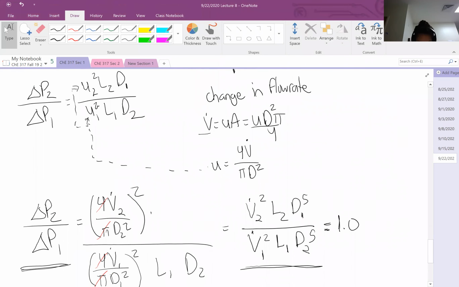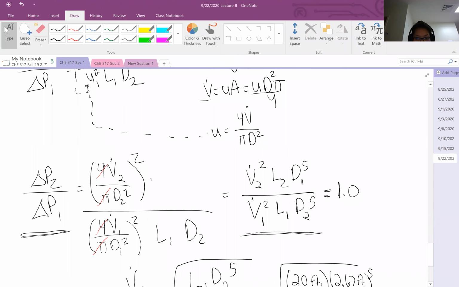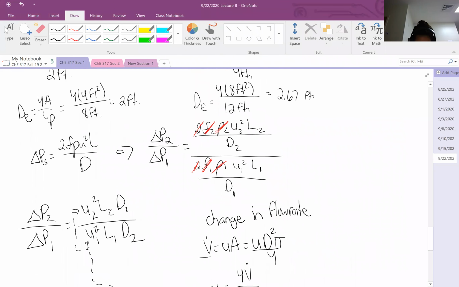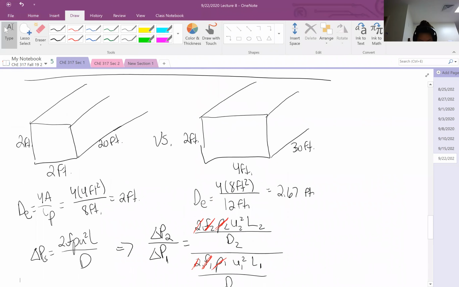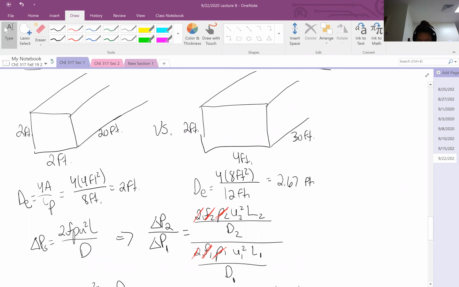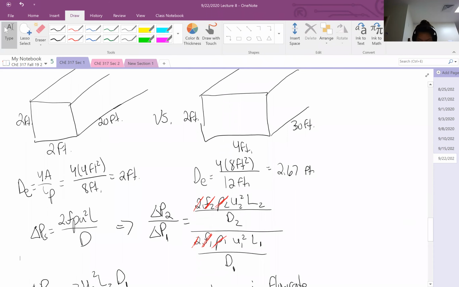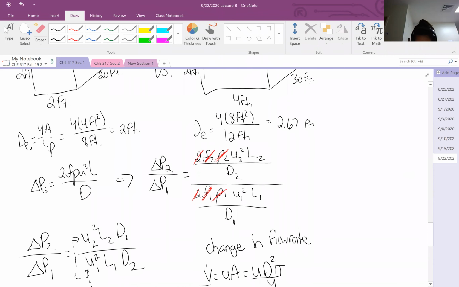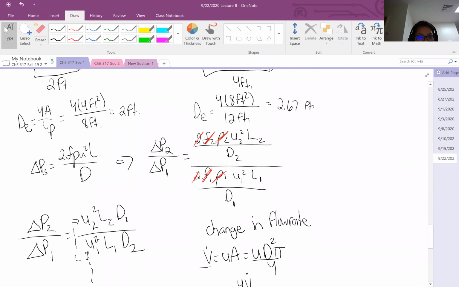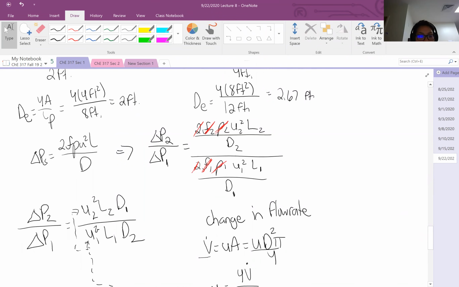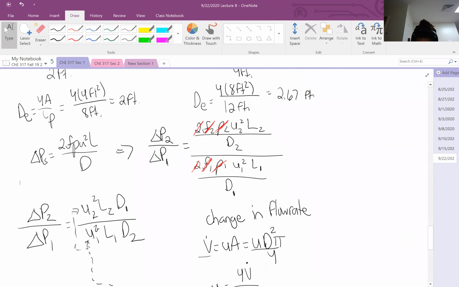If you scroll a little bit higher, where you have delta P equals U2 L2 D1 over D2 U1 or U1 D2 L1. You first written that down. Okay, never mind. You squared it. I thought you didn't square it. Yeah, I originally forgot to square, but then I remembered and corrected it. Okay, that's fine. That's all I had a question on.